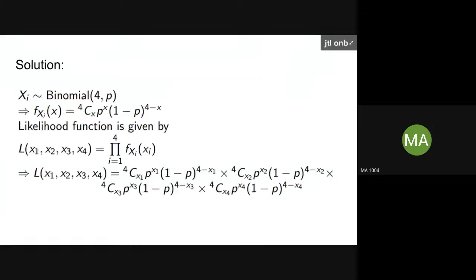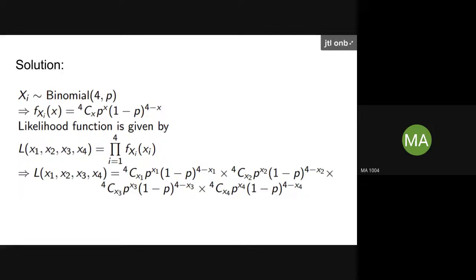So how do we do this? First get the PMF. The PMF is 4Cx times p power x times (1 minus p) whole power 4 minus x, the probability that X is equal to small x.